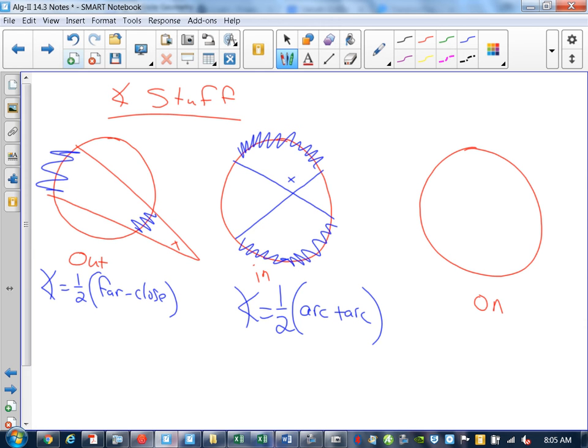And then the last one was on the circle. And you've actually seen this one before because it follows the exact same rule as inscribed. Anytime that you have an angle that lands on a circle, it's equal to half the arc that it hits. No matter if it's inscribed or it just happens to be like a tangent segment.